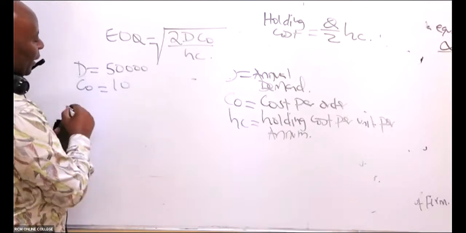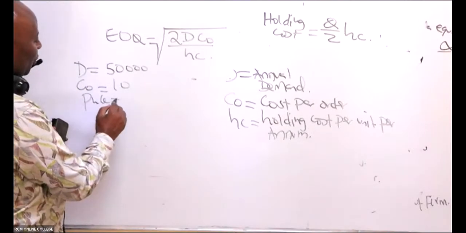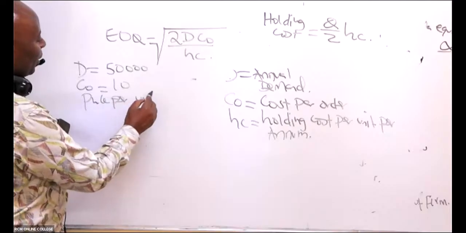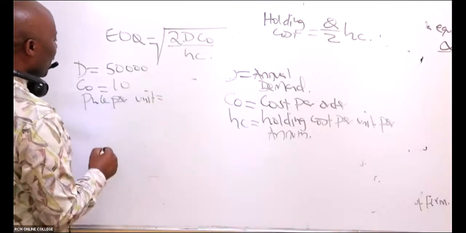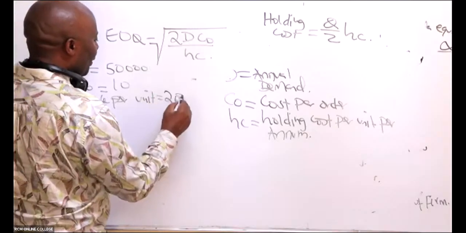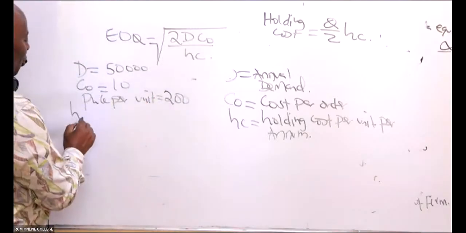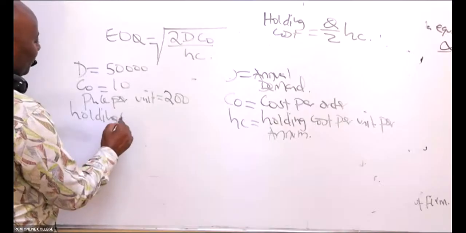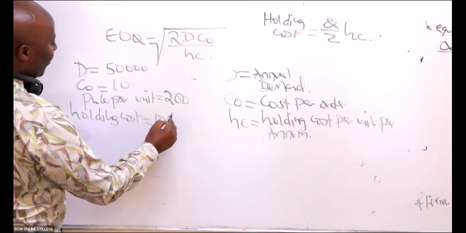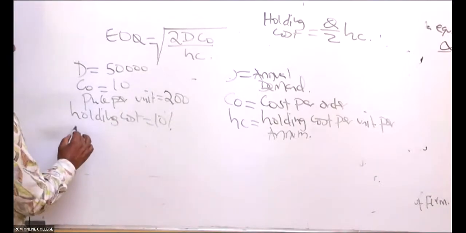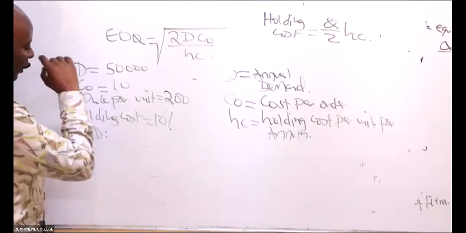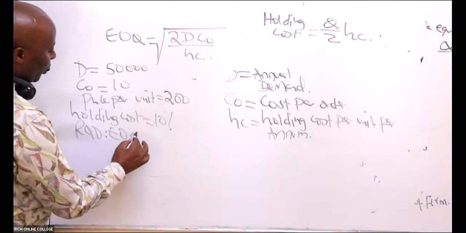CO is 10. Price per unit, in this case, they will tell you is 200. And then they'll tell you holding cost is 10%. Then you are required to give us the EOQ.